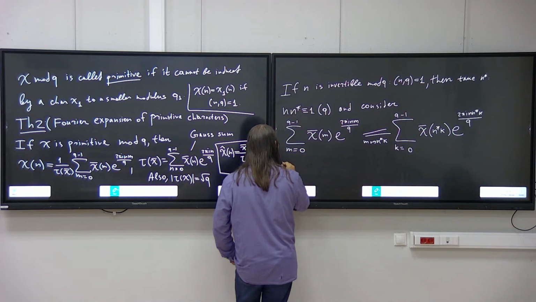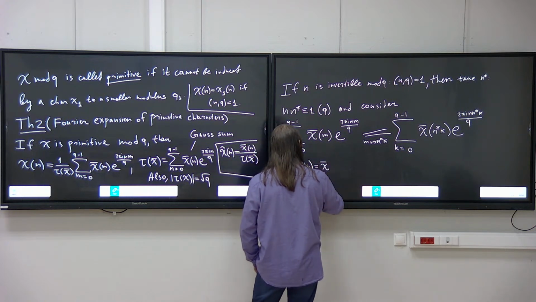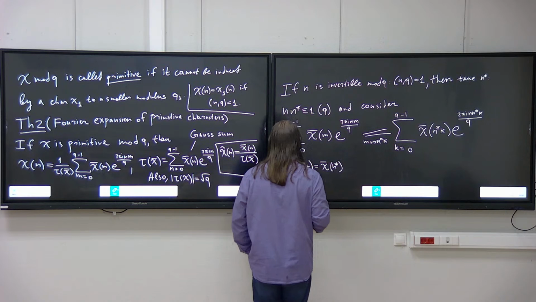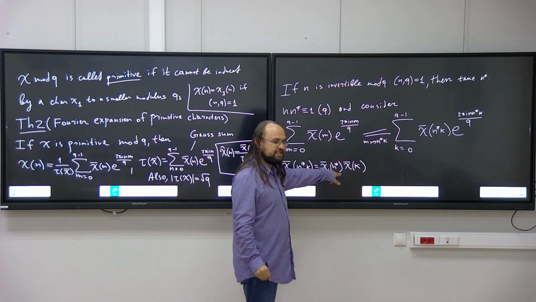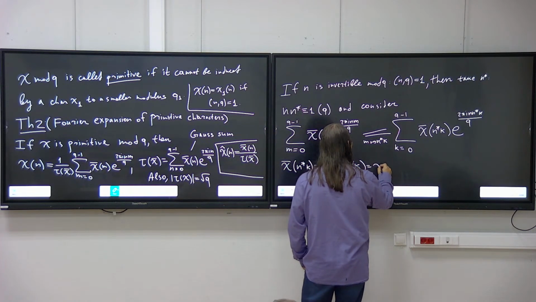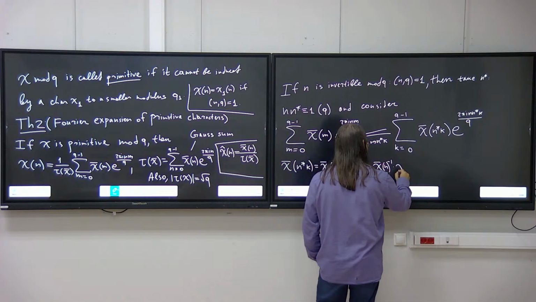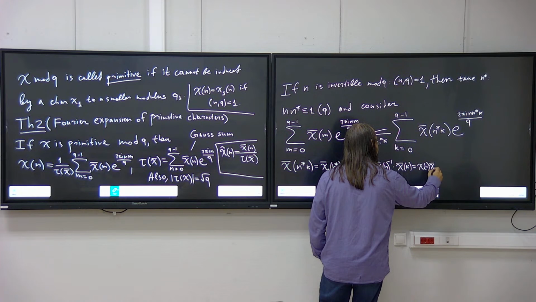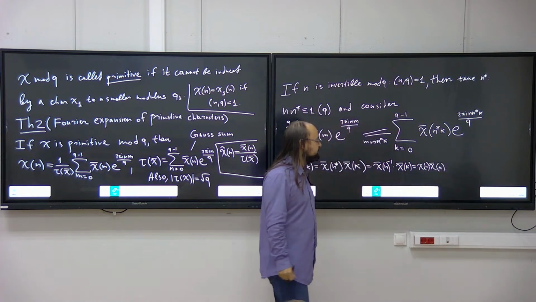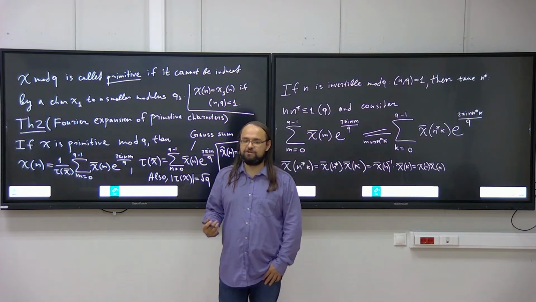So chi bar of n star k is equal to chi bar of n star multiplied by chi bar of k, and this is just chi bar of n to the power minus 1 multiplied by chi bar of k, and this is the same as chi of n multiplied by chi bar of k, right? Due to the fact that chi of 1 is equal to 1, and also chi is always a root of unity.